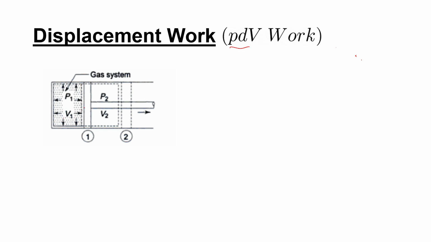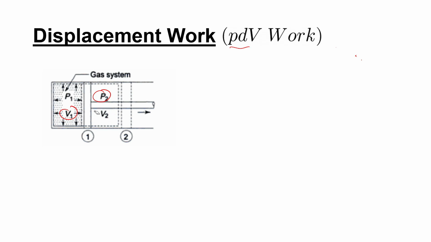Because this gas has got a pressure, that is P1, it pushes the piston to the right side. During this process the pressure gets reduced to P2, and volume gets increased to V2, volume V1 to V2.